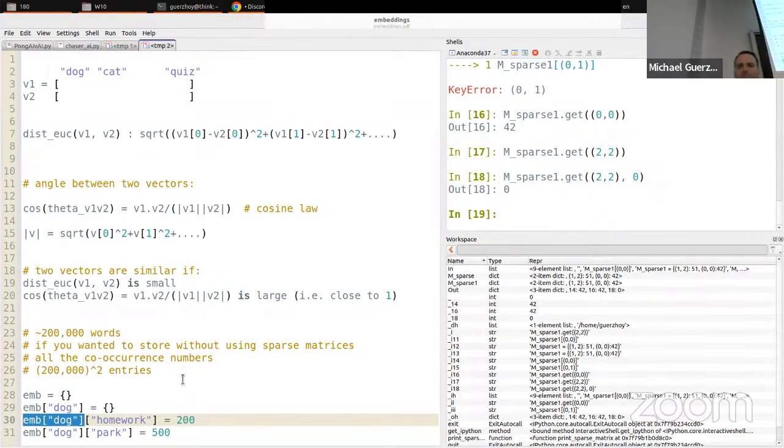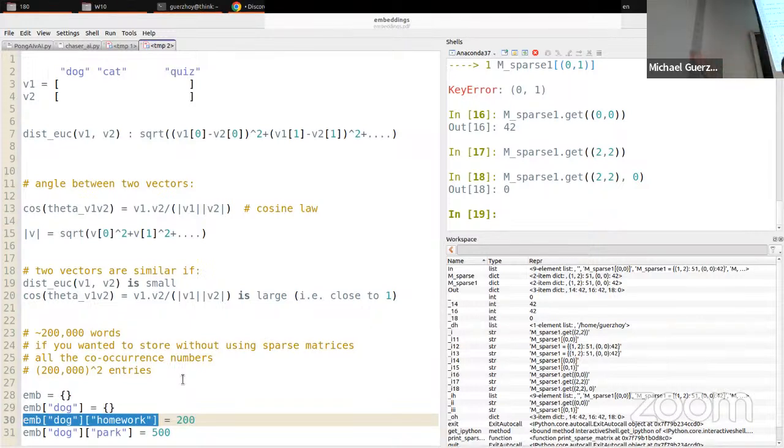All right. So that's your job for project 3, to basically set it up. One thing I want to say has to do with computational complexity. One way people often go about it is, like what I just entered here, I need to compute M at dog at homework and also M at dog at park.